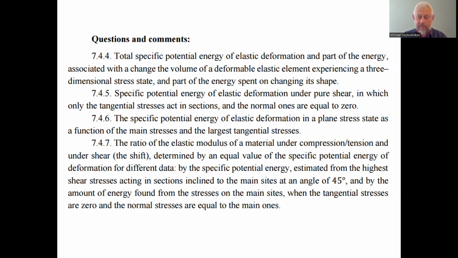So we'll have just the part spent for the deformation of the volume. Next we subtract from the general specific potential energy the part corresponding to the change of the volume of the mechanical body. The rest is the part of the potential energy spent for the change of the shape of the mechanical body.